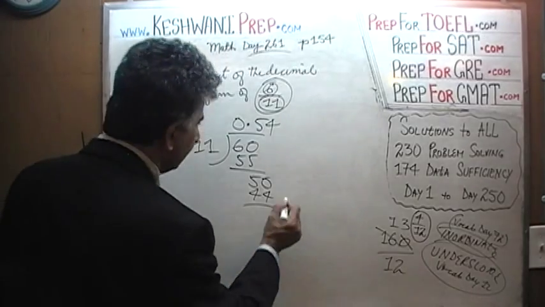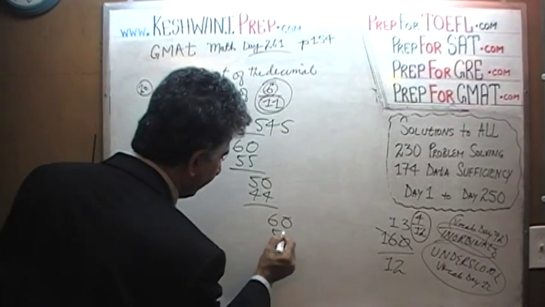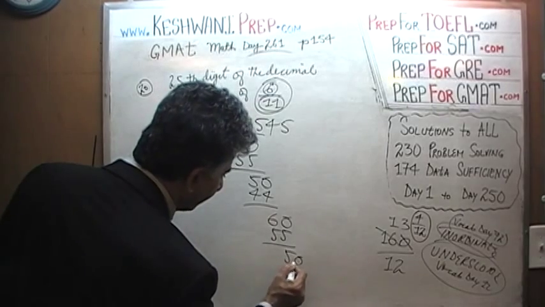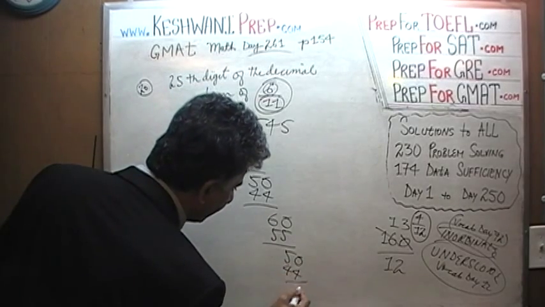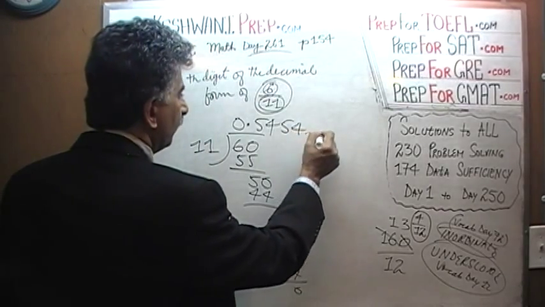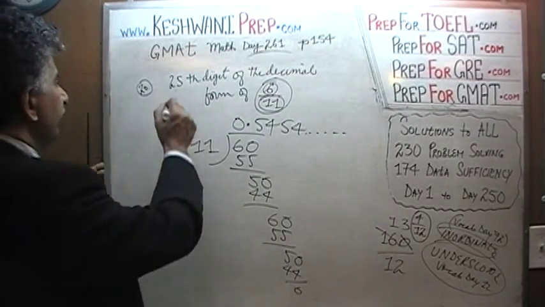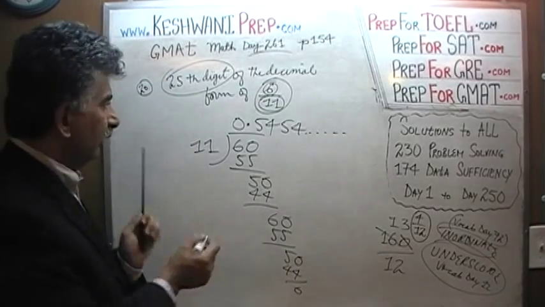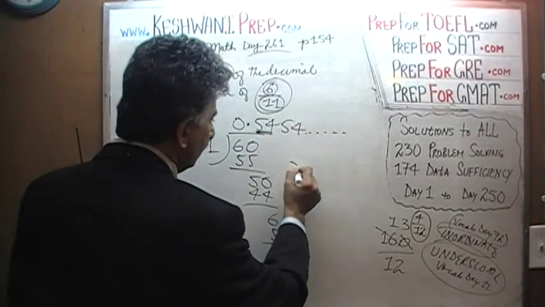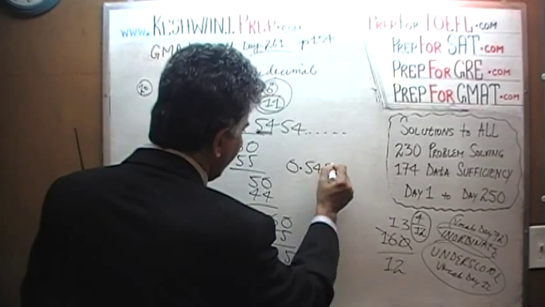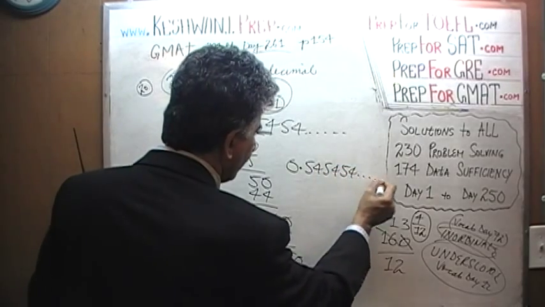We stick a 60, it becomes 5 times, 55, we get a 5, we stick a 0, we go 4 times, we get a 6, and it goes on forever. The question is, what is going to be in the 25th digit? Because they are pairs of 2, it goes 5, 4, 5, 4, 5, 4, forever and ever.